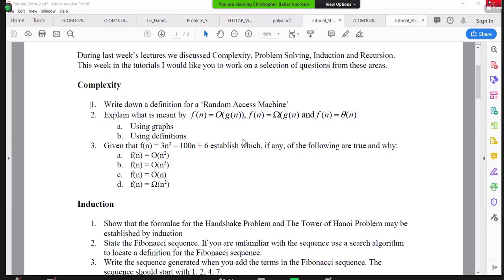Once you have done that, question 3: given that f(n) is 3n squared minus 100n plus 6, establish if any of the following are true and why. Is it in the order of n squared? Is it big O of n cubed? Is it big O of n, or is it big theta of n squared?